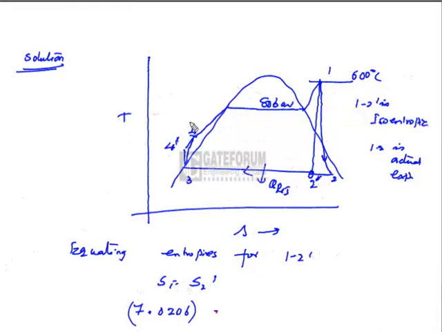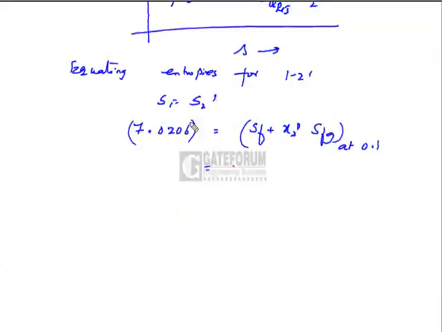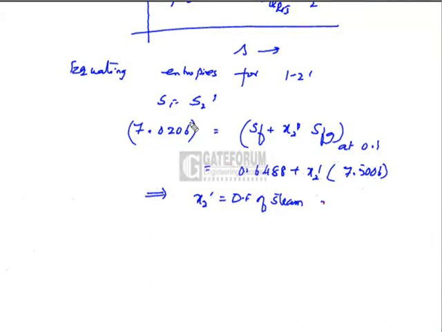So S1 is equal to S2 dash, which is Sf plus X2 dash into Sfg at condenser pressure of 0.1 bar. Sf is given as 0.6488 plus X2 dash into Sfg, given as 7.5006, from which I can calculate the dryness fraction of steam after isentropic expansion.